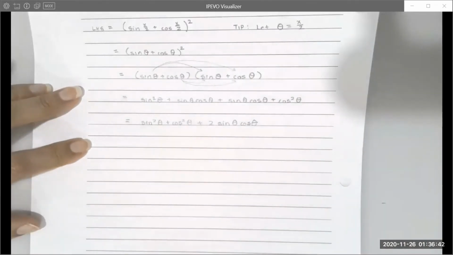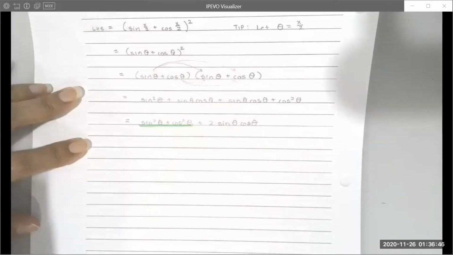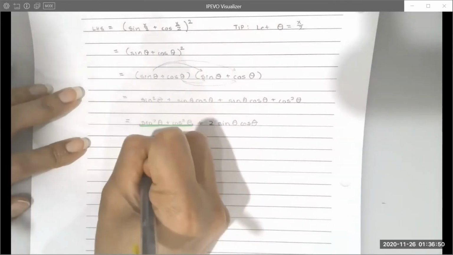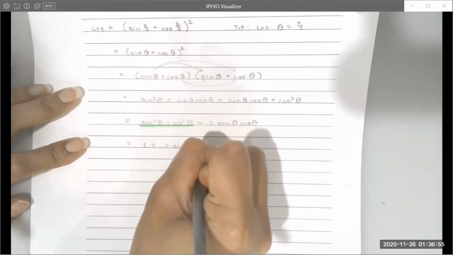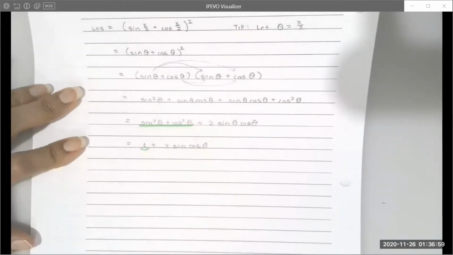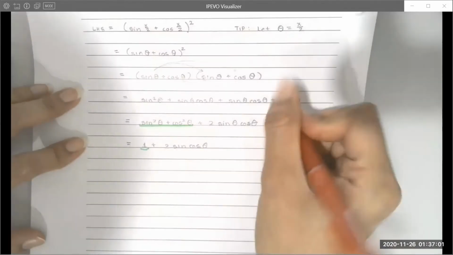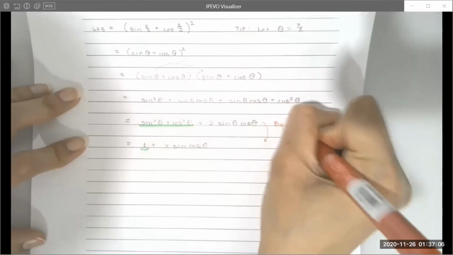So that means that these two terms are going to add up to 1 by the Pythagorean identity. And so I'm just going to write a justification for it. This is by Pythagorean identity.